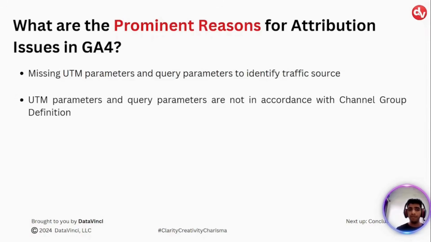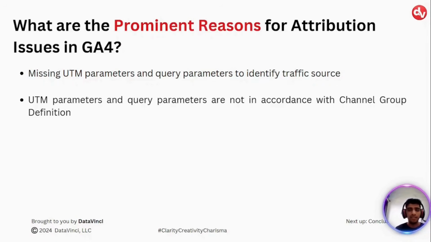Secondly, the UTM parameters that you've been passing, if they are not in accordance with the channel group that you have in GA4, perhaps you're using the default channel group or you have a custom channel group, then there would be an issue in the attribution because those parameters are not in line with the channel group definitions.